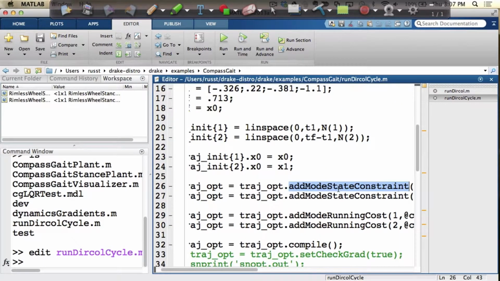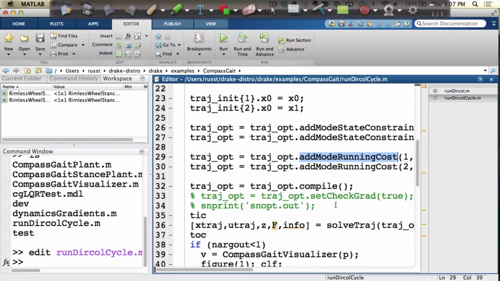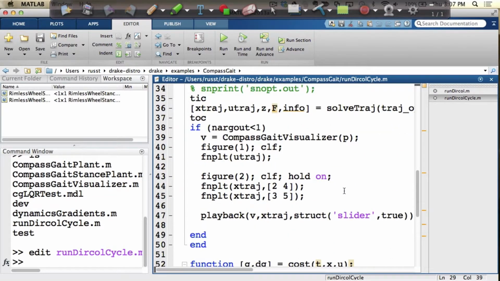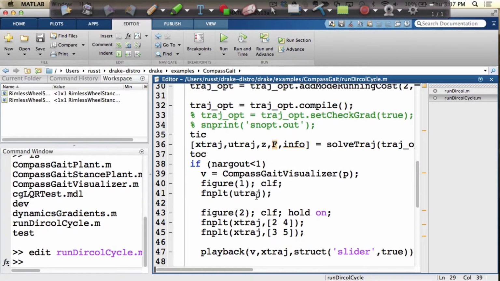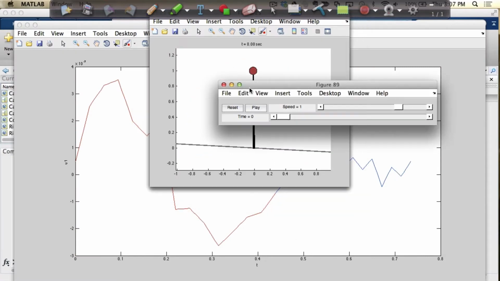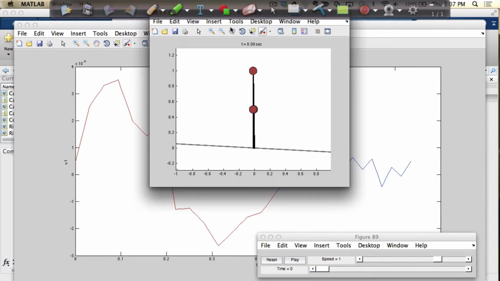We can add state constraints and add costs to each mode, but I have a specific ordering of the modes. I have to say the initial times for each segment, okay? Okay, but this is now the compass gate model, and I ask it to find a control input, U.